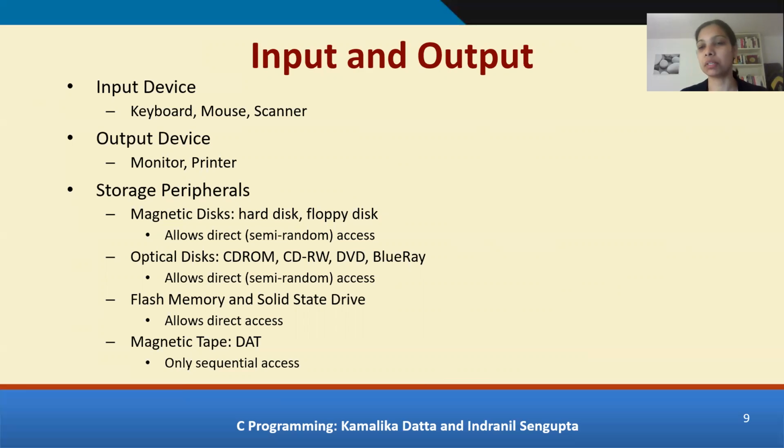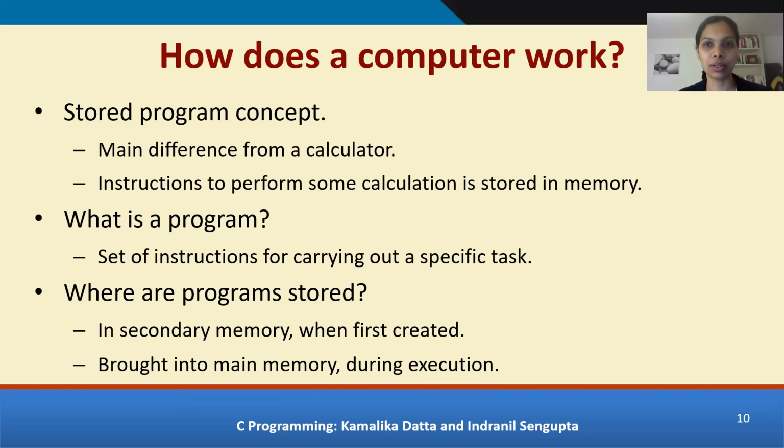They are much faster, and they can store more data. I'm not going into the details, but you must know what kind of storage devices are used in our computer. We use SSDs today.